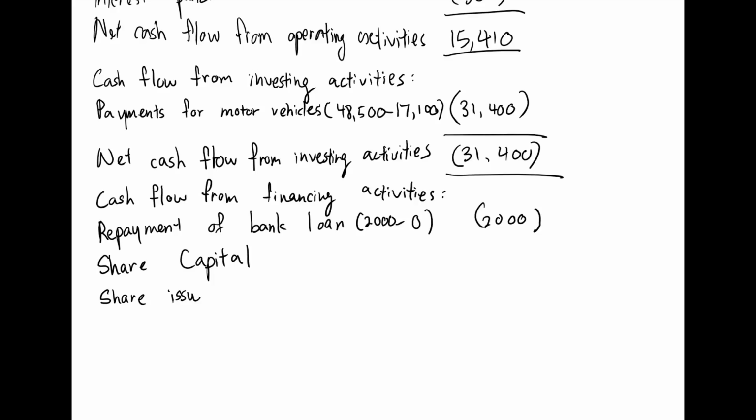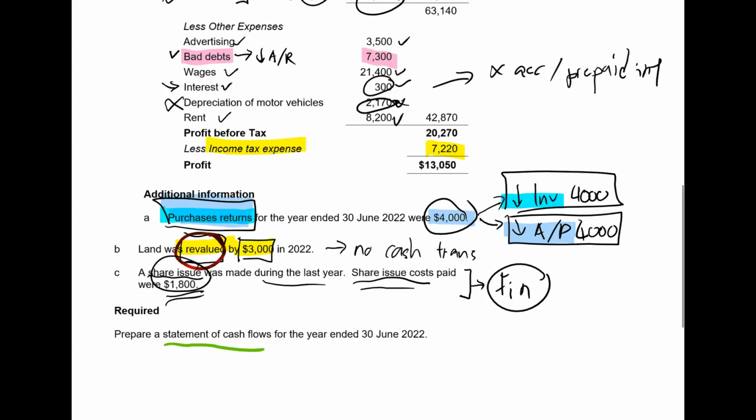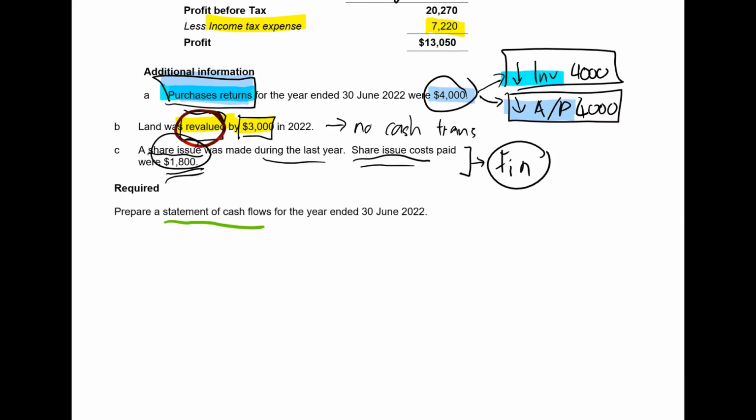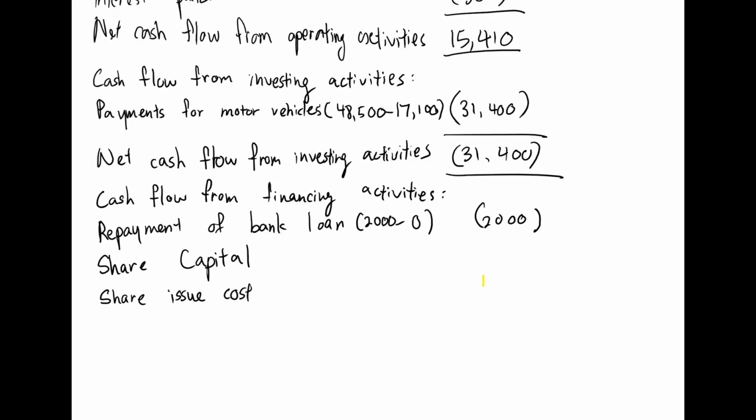Your share issue cost is 1,008, so there will be an outflow of 1,008.